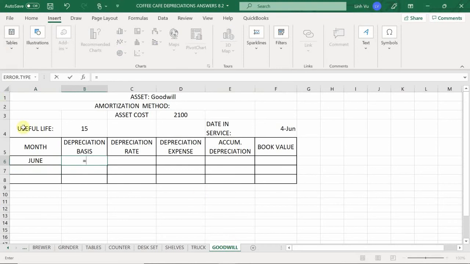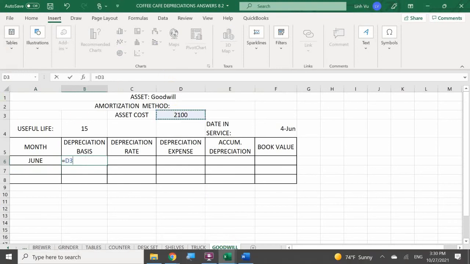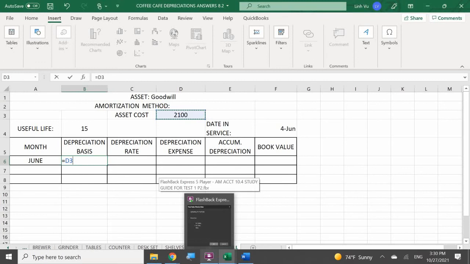So in this case, the salvage value we don't have, so we have 2,100.